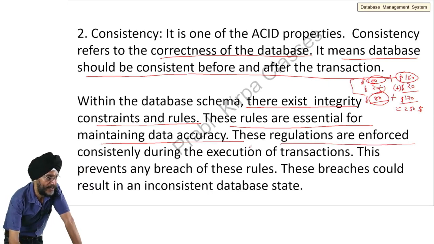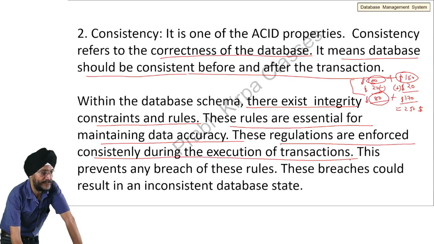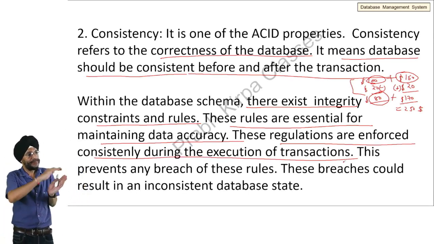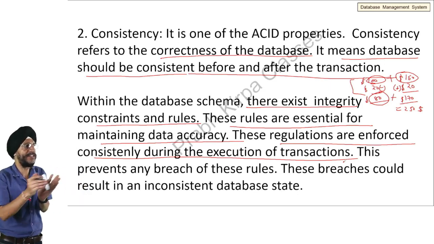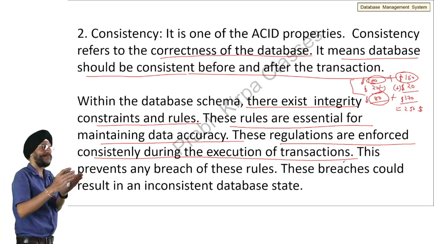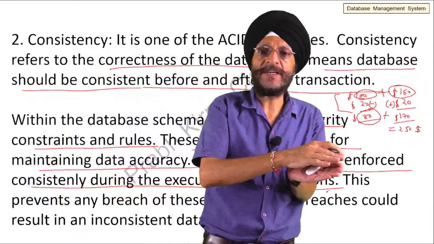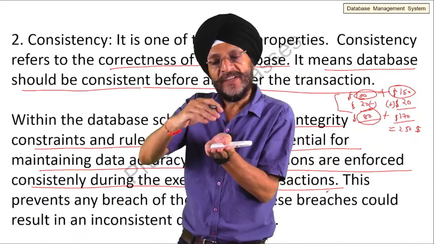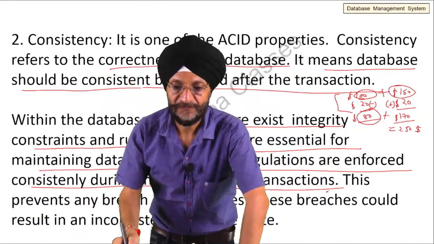These regulations are enforced consistently during the execution of the transactions. That is, at each and every step of the transaction, these rules or constraints have to be followed by the system itself. We need not worry about the technical aspects of the DBMS. The DBMS itself takes care of all these technicalities.